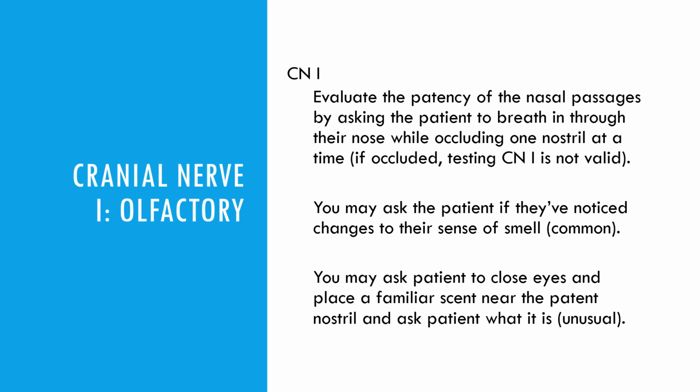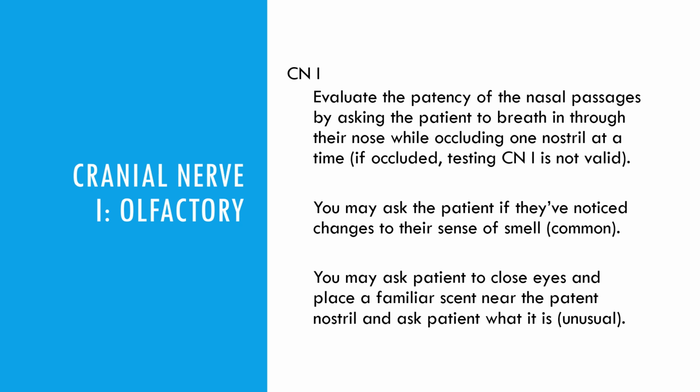So how do we assess cranial nerve 1? Well, to be honest, we don't. But if we wanted to assess cranial nerve 1, before checking for the sensation of smell, we would have to check for nasal patency, because if somebody can't breathe through a nostril, they're not going to smell anything.